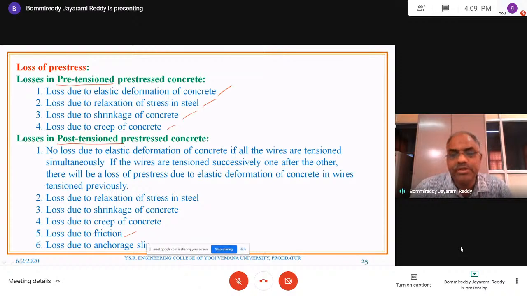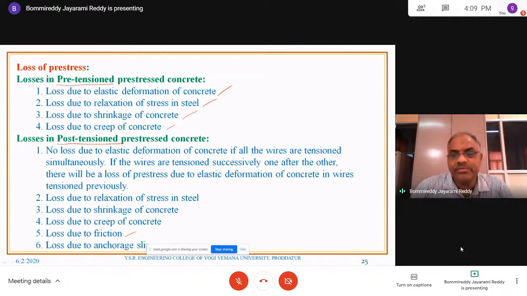Because the cable is tensioned after attaining sufficient strength of the concrete, there is a frictional resistance while applying tension to the cable. So there is a loss due to friction. And another one is loss due to anchorage slip.